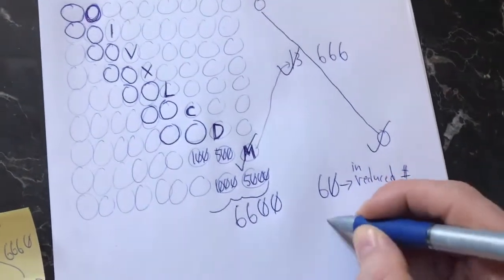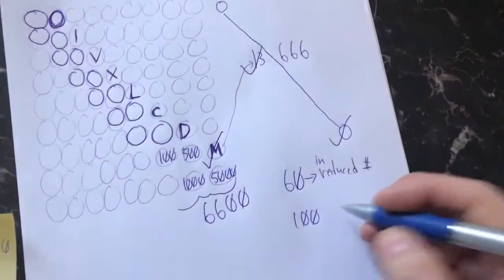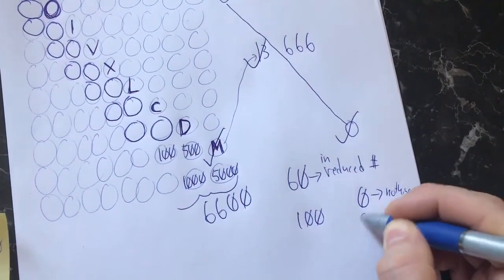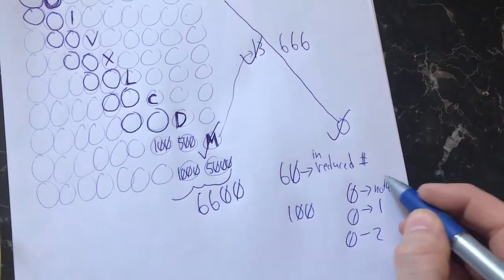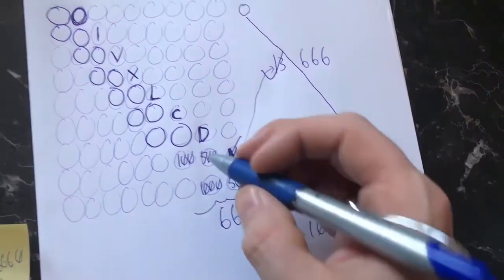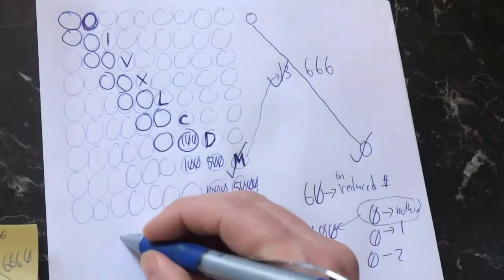Now 100, okay, and reduced, 0 is a 0, okay? A 0 is very quantum. It could be nothing, it can be a 1, or it can be a 2. But for this one, I'm going to say a 0 is nothing. So 100 would be a 1. So this 100 right here is a 1.